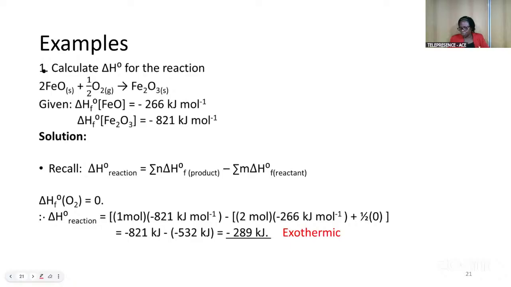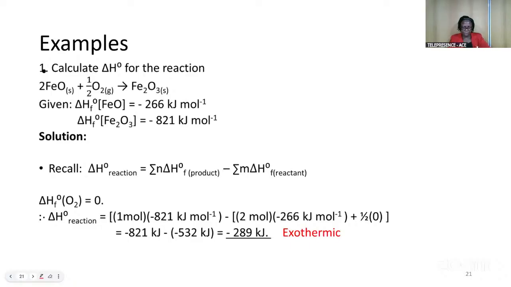That is a combustion process. So you can look at the enthalpy of formation of Fe oxide, and then you look at the products. You have been given the enthalpy of formation for the products, and you have been given the enthalpy of formation for one of the reactants. And so the next thing to ask is, why was I not given that of oxygen?